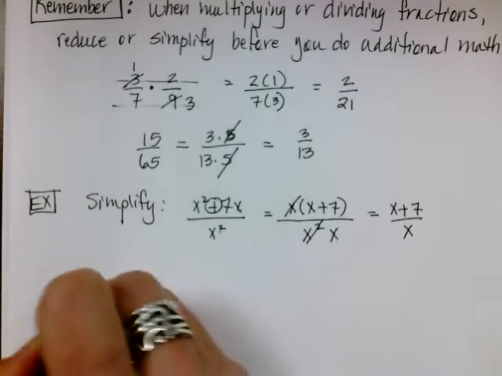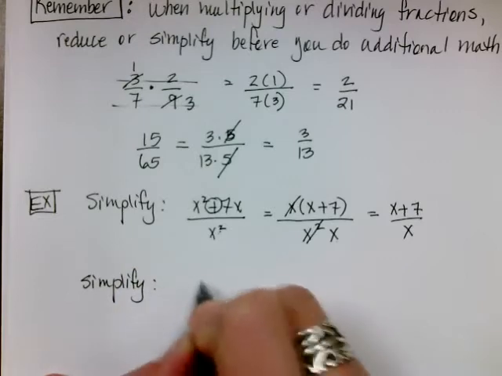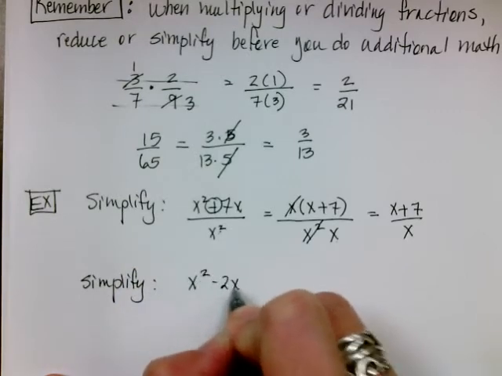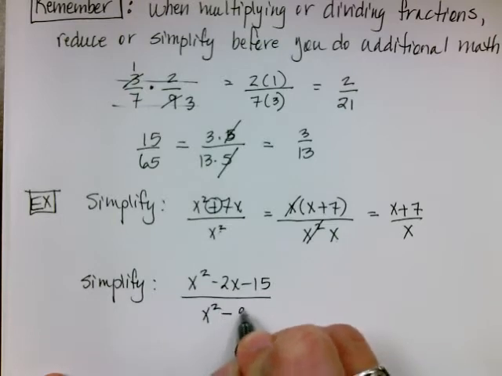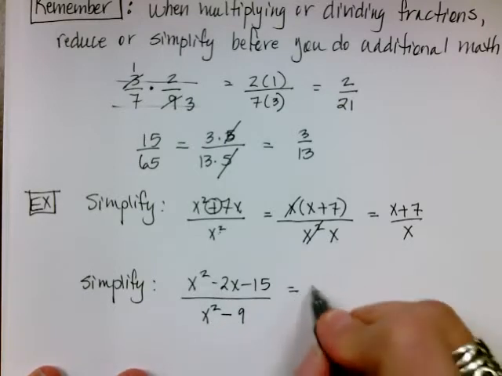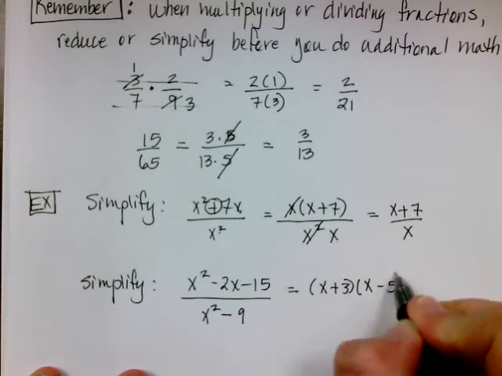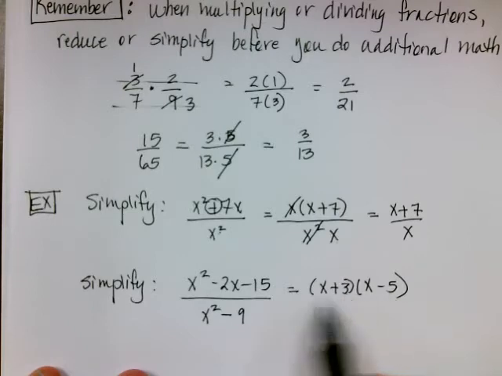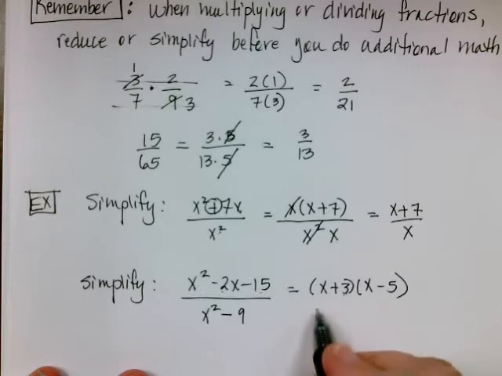Okay? All right, let's do another one. Same thing, they're all going to say simplify. So if I have x squared minus 2x minus 15, over x squared minus 9, I can't reduce the x squareds because they're separated by a minus sign, but I can factor the top. So my top is going to turn out to be x plus 3 and x minus 5. A negative 5 plus 3 is a negative 2, and a negative 5 times 3 is a negative 15.